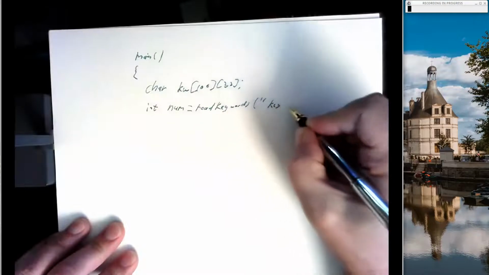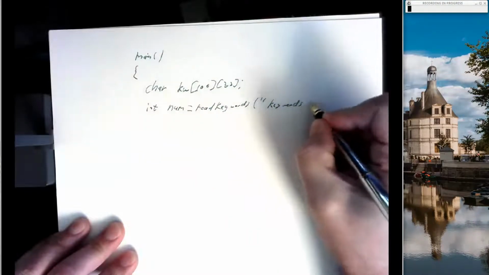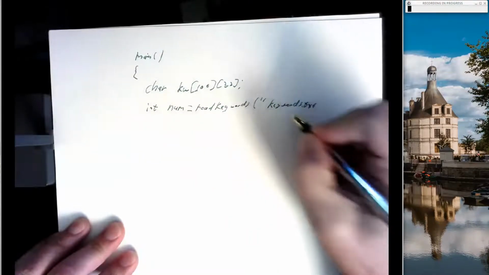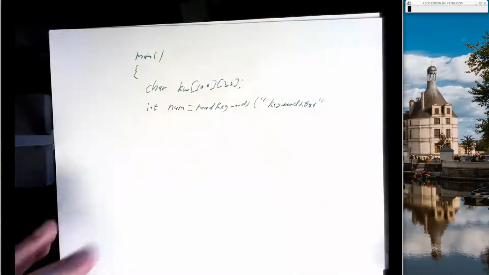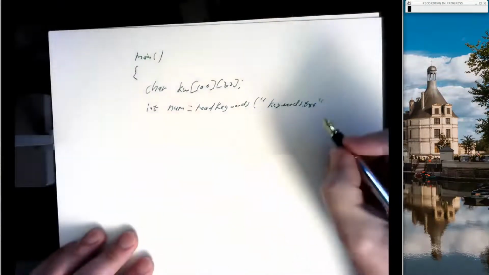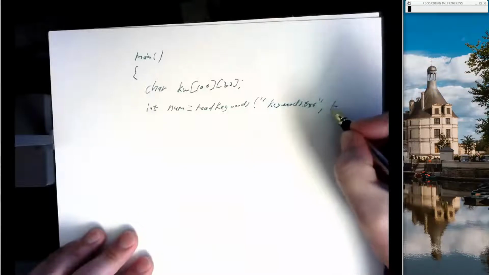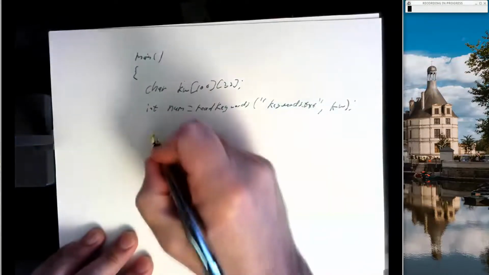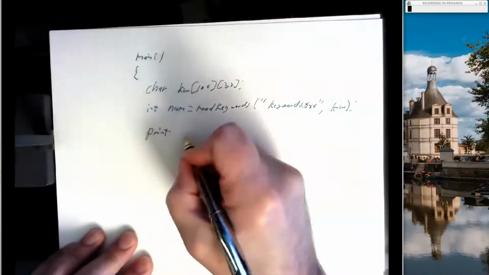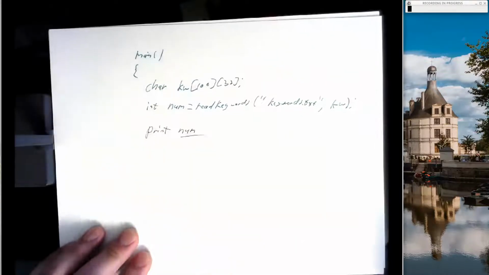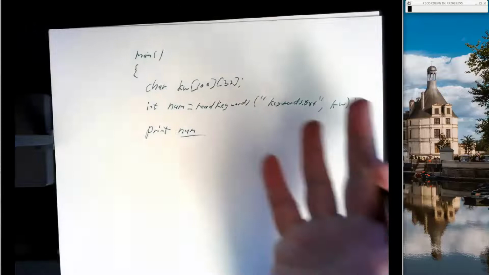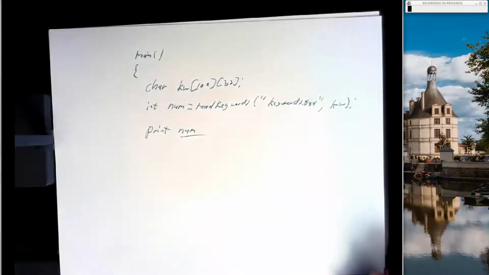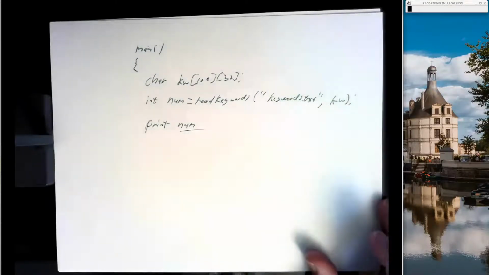Put in the name of your file, and it doesn't have to be keywords.txt for a test program. It could be anything you want, comma, and then the name of the array. And then make a print statement to print out num. And if you've got 5 words in this text file, num should be equal to 5.